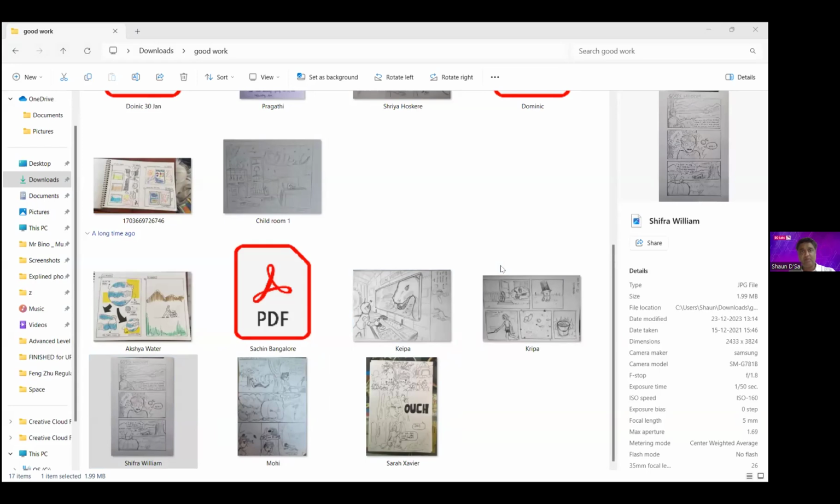Can you see the top and the bottom sketch? One of the parameters is, for example, foreground, middle ground, background. What do I mean by this? Middle ground is possibly the subject that you are focusing on.